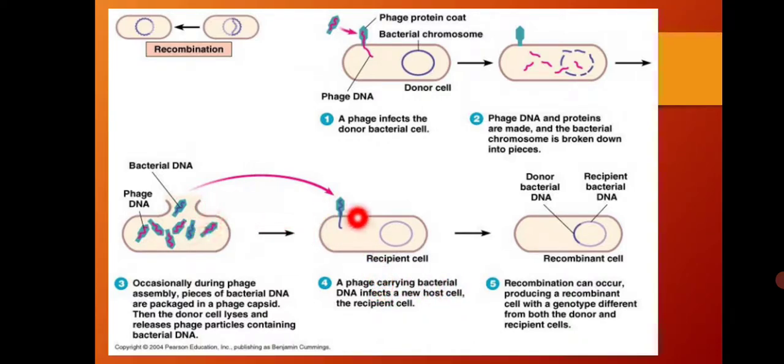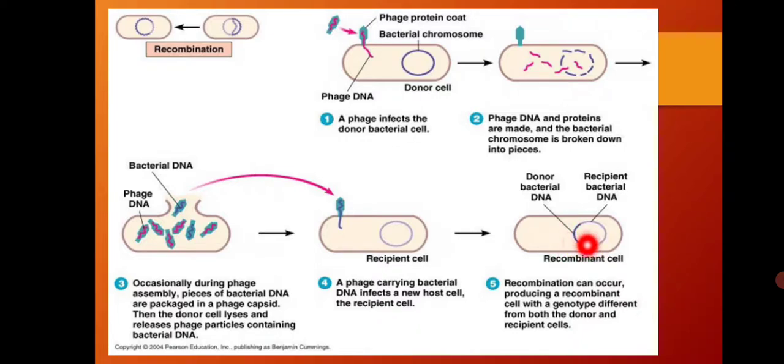Inside this phage there is the bacterial DNA. This bacterial DNA will get inserted into the recipient cell and there will be a recombination process. In the faint blue color the bacterial DNA is shown, and in the pink color the donor DNA is there.